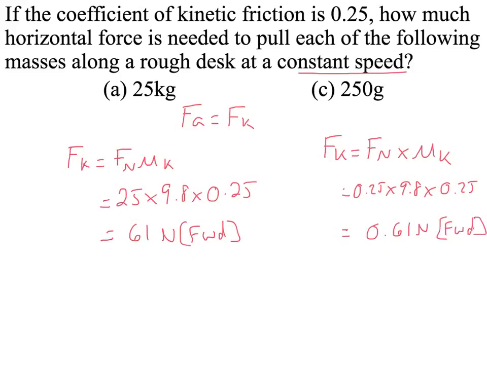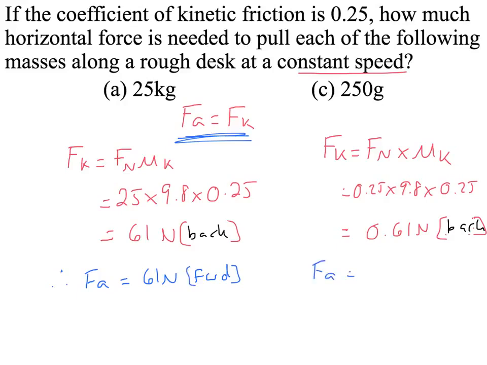Since we are saying that Fa equals Fk, if we solve for Fk, I should clarify, the force of friction would be backwards. Therefore, force applied must equal 61 newtons forward, and force applied must equal 0.61 newtons forward.